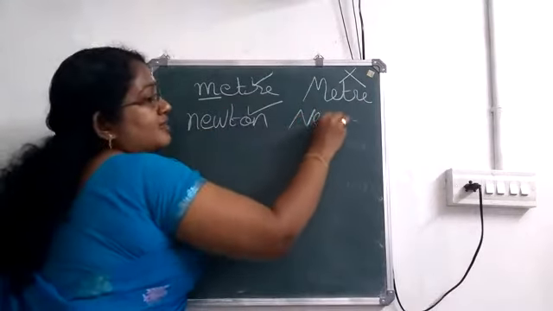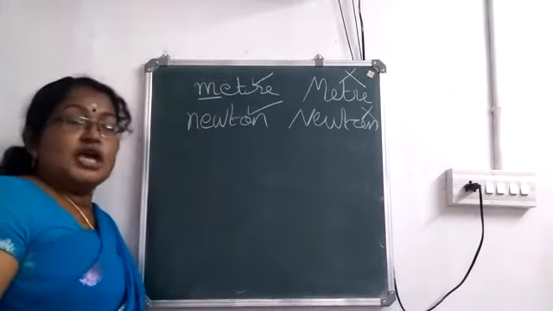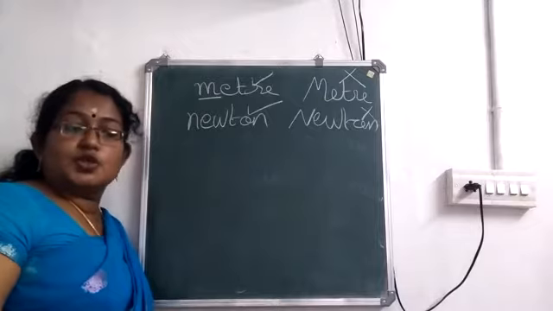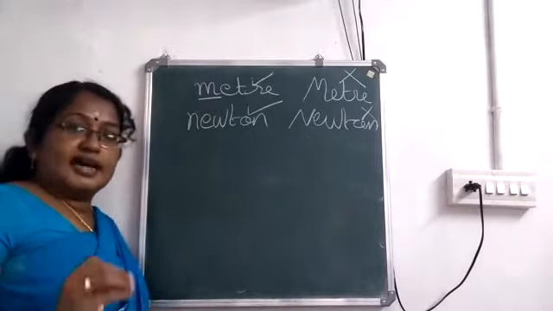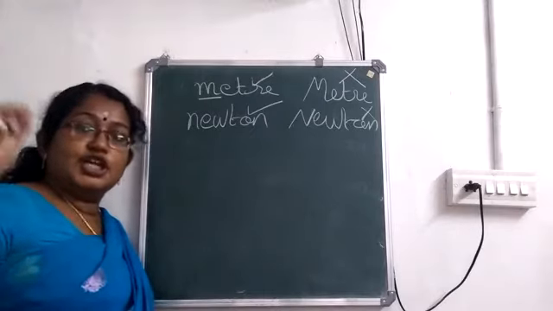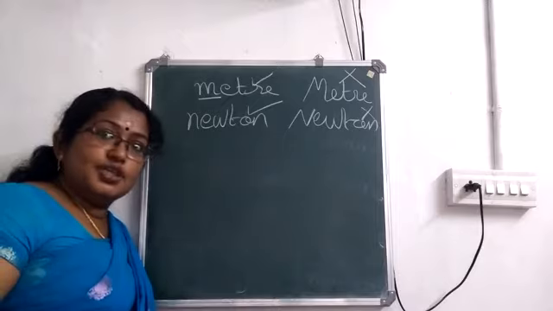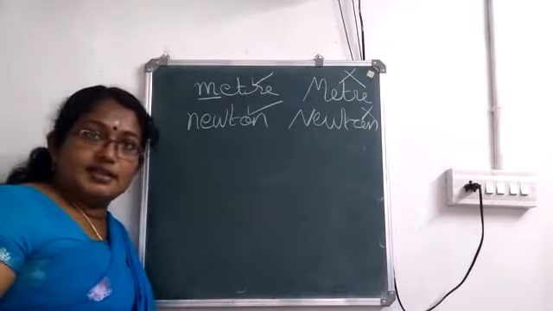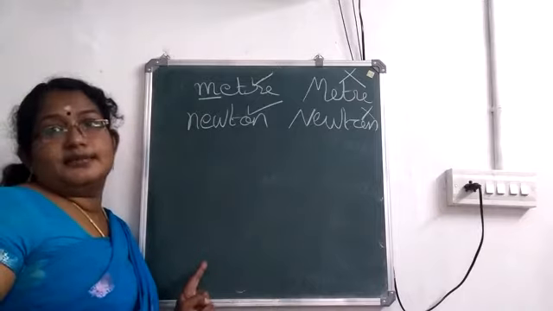If you write like this, it is wrong. Clear? So this is the first point you have to remember. When you are writing a unit as such, it should start with a small letter. It can be either a direct unit or named after a scientist, no matter. It should start with a small letter.